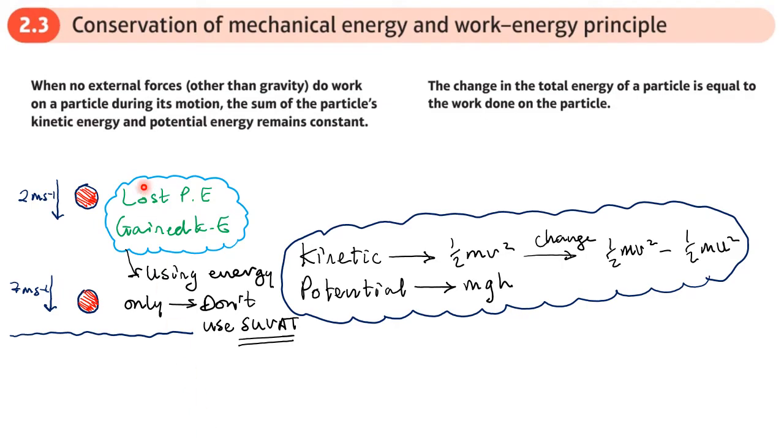Okay, so in this case the loss in potential energy is equal to the gain in kinetic energy. So the total energy in this system remains balanced, total energy remains constant, because the only thing that this particle is working against is gravity.